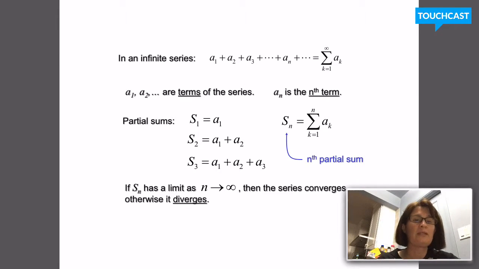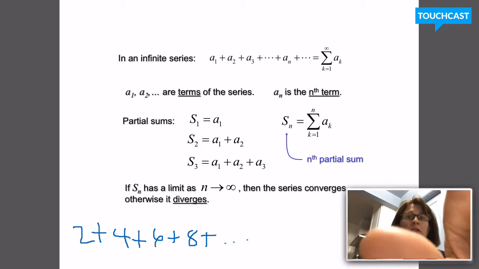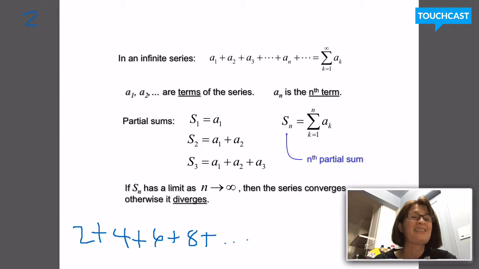So for example, I listed an example on your paper of the series 2 plus 4 plus 6 plus 8 plus ... So the first partial sum would be 2. The second partial sum is 2 plus 4, which is 6. The third partial sum is 2 plus 4 plus 6, which is 12.